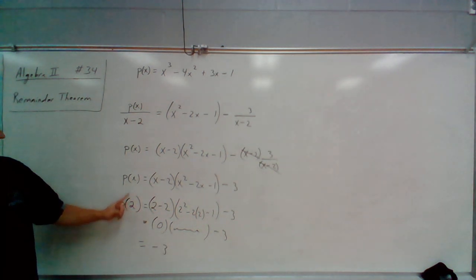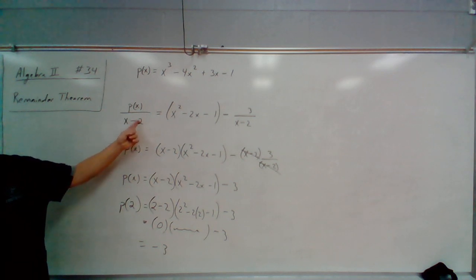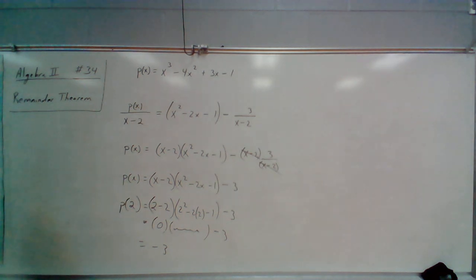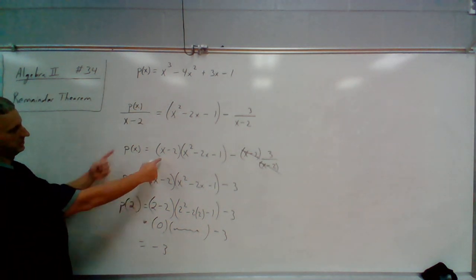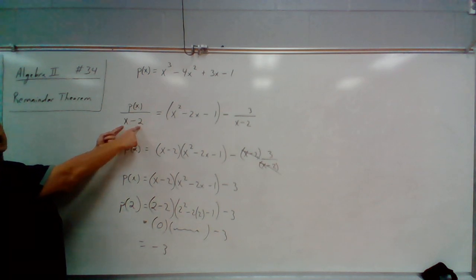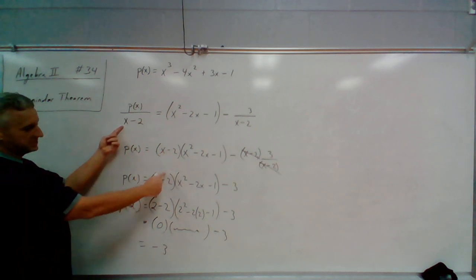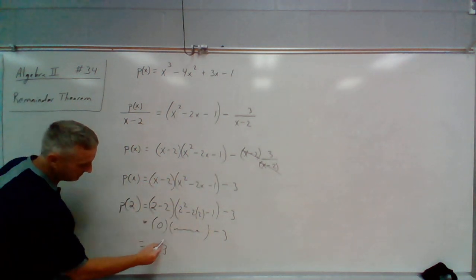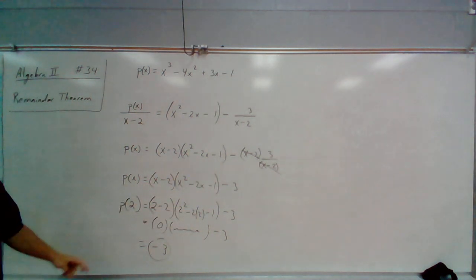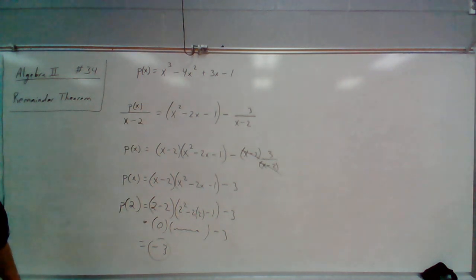Notice this 2 that I plugged in is this number right here. I had x minus 2. I plugged in a 2. And what happened when I did that was since I plugged in the number that's opposite of this, it caused this to be 0, which canceled that out, which left me with this number. Remember that this number was our remainder.